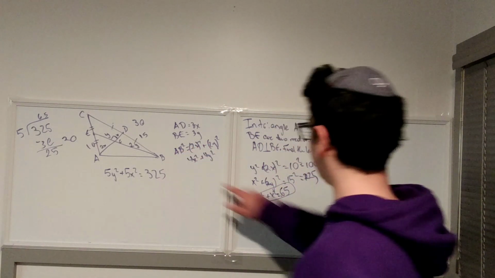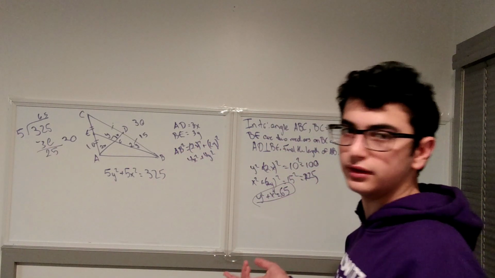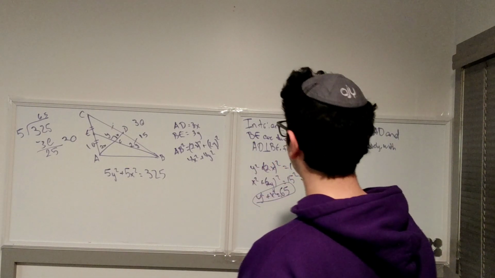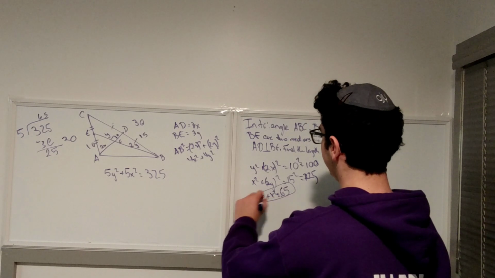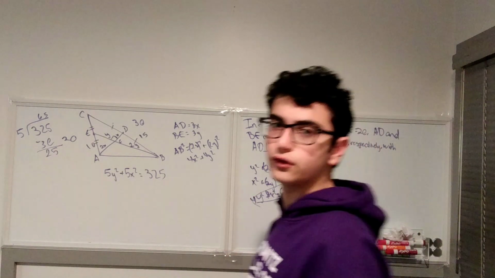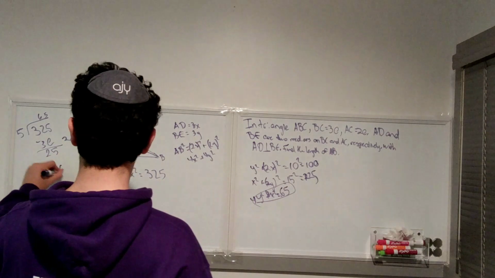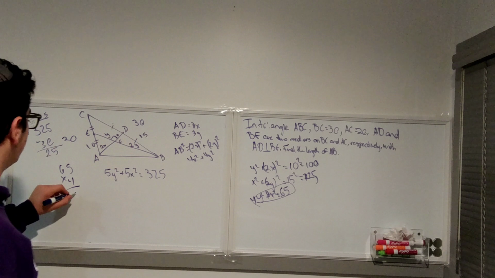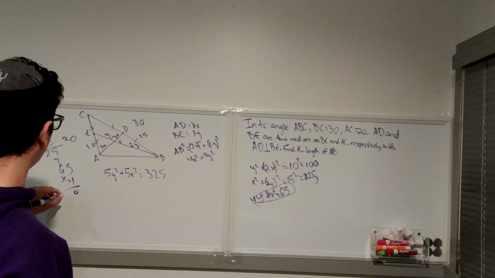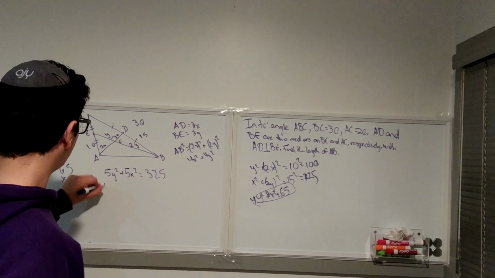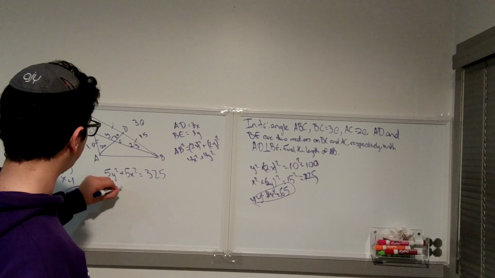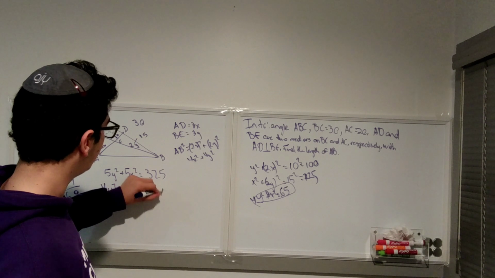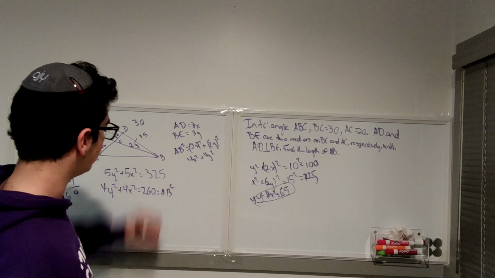So we need to bring that to there, and then we'll have what AB squared is. All we have to do is multiply by 4 for it to be in the 4y squared and 4x squared form. So 65 times 4 is 260. So 4y squared plus 4x squared is equal to 260, which is AB squared.